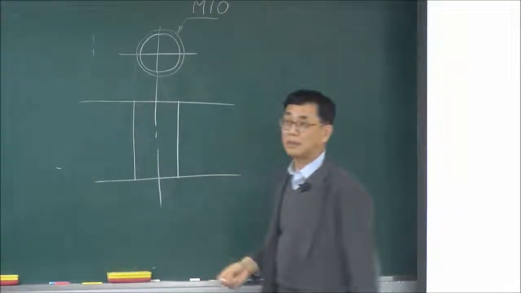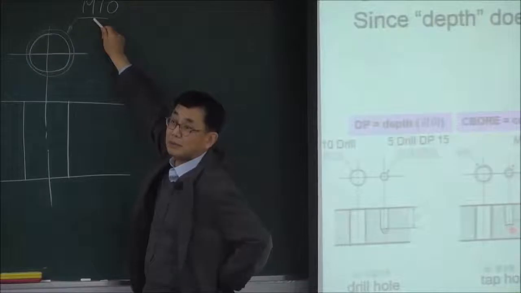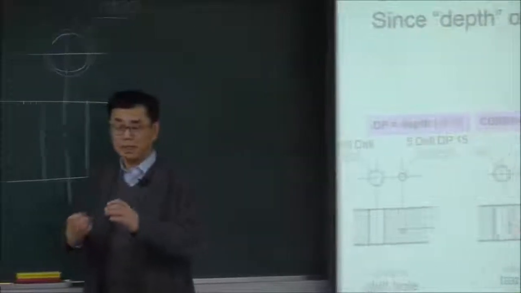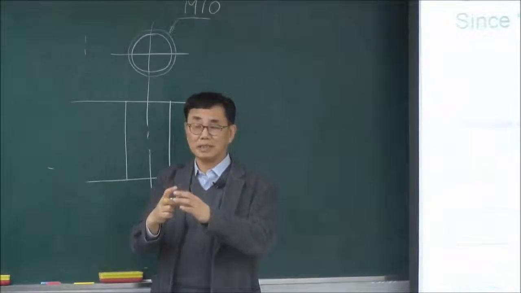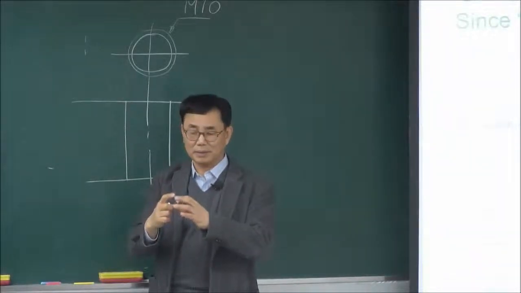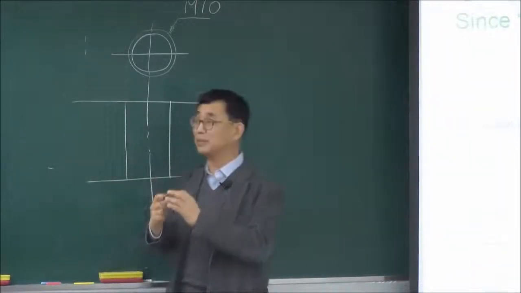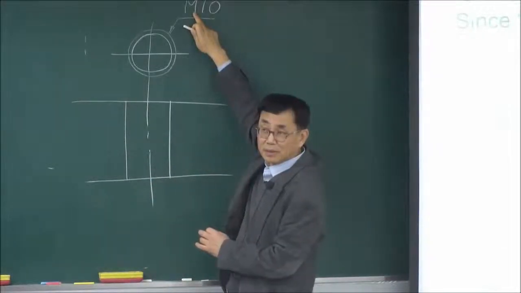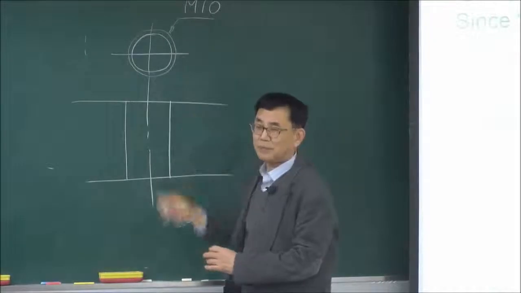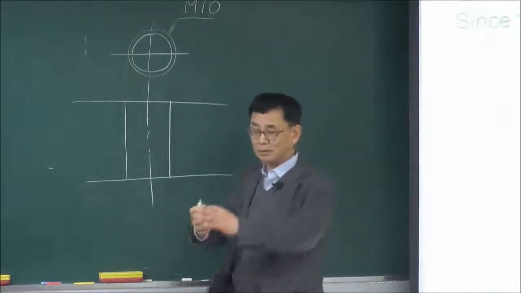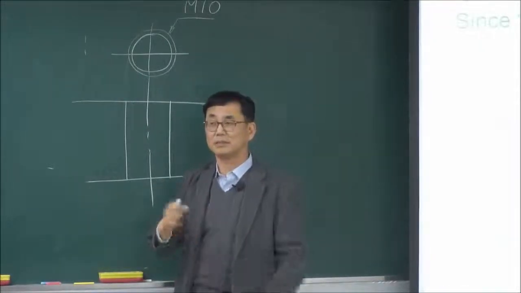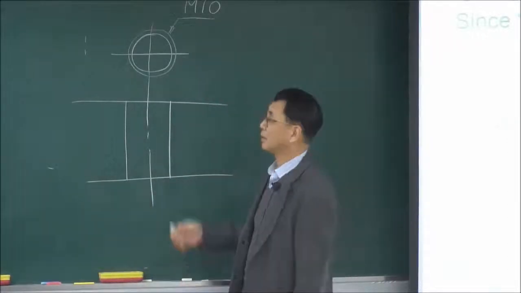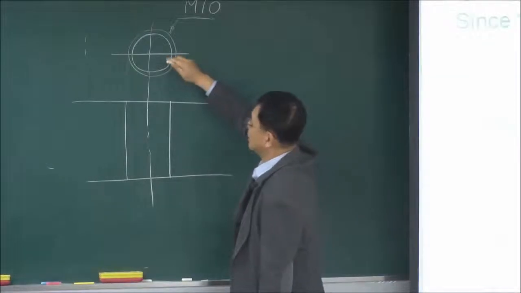M10 is a metric thread, with a diameter not exactly 10, but around 10 millimeters. If you would like to see the exact size of the thread diameter, you may refer to the Korean standard, KS, for metric thread.